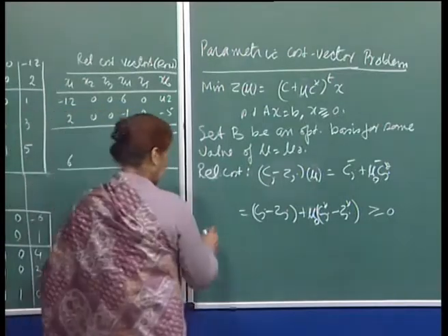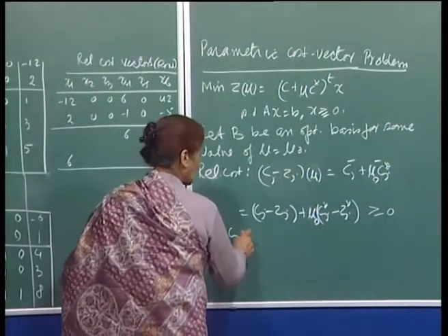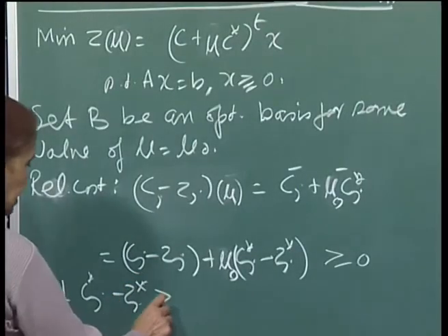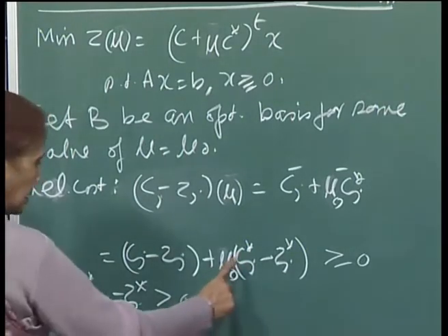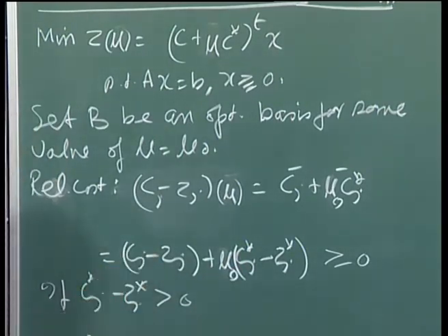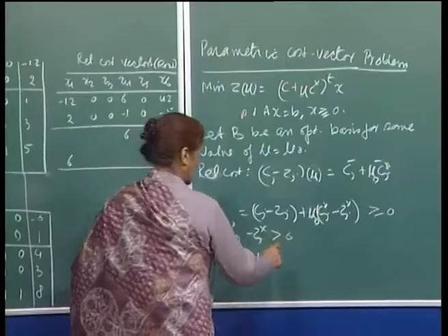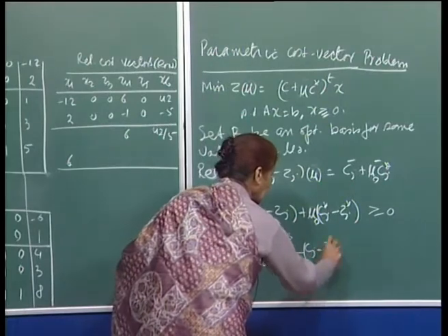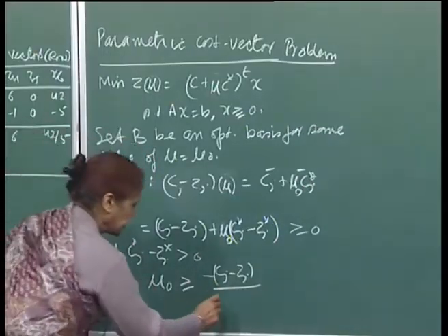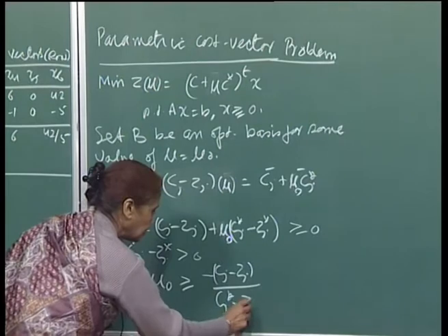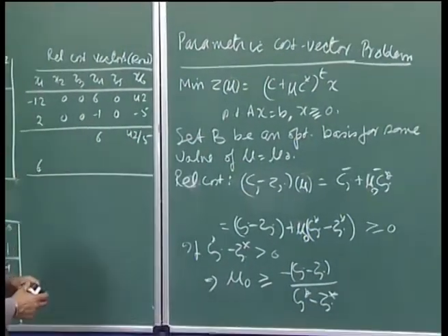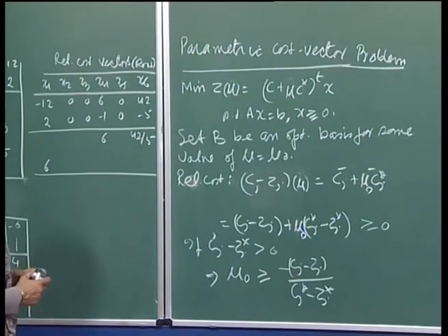If c_j star minus z_j star is greater than 0, then this implies that mu is greater than or equal to minus (c_j minus z_j) upon (c_j star minus z_j star), with c_j star minus z_j star greater than 0.